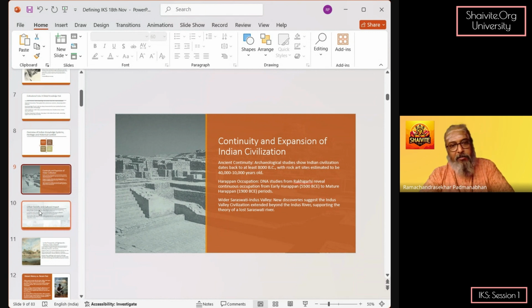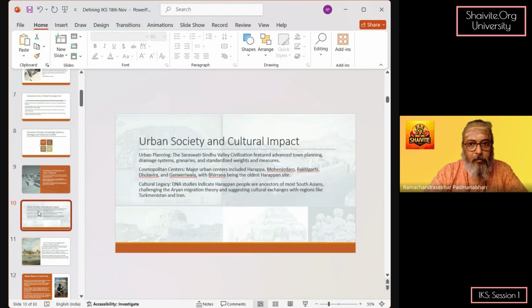So if there is a development, what causes the development? We will try to answer that question. So there were urban planning, including drainage systems, standardized weights and measures in the Harappan excavations.